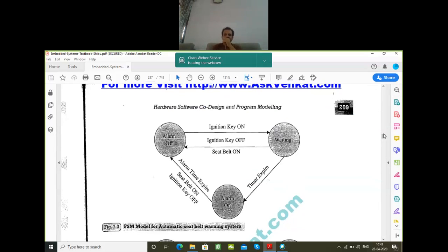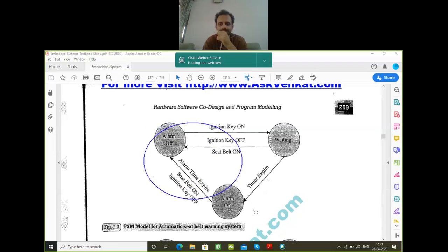You can see the diagram that is shown here. I will use an oval to draw the diagram. Here you can see the alarm off, and you can also see waiting and alarm on.